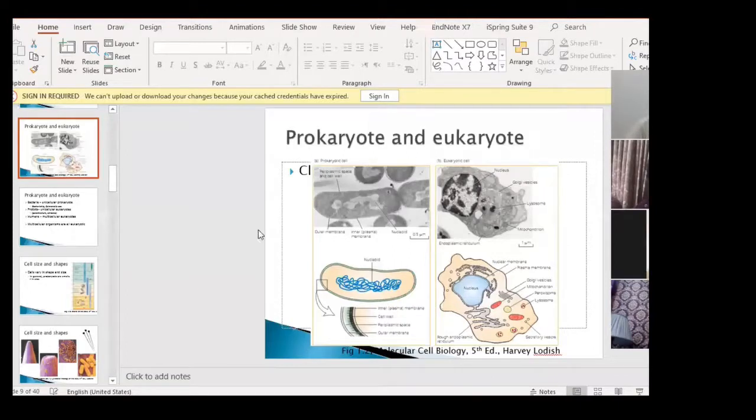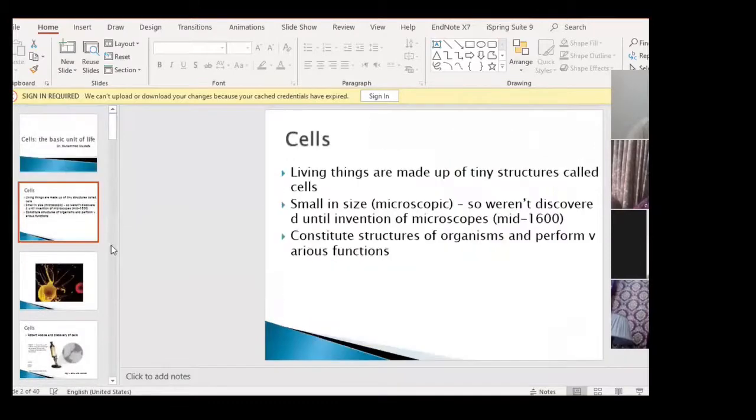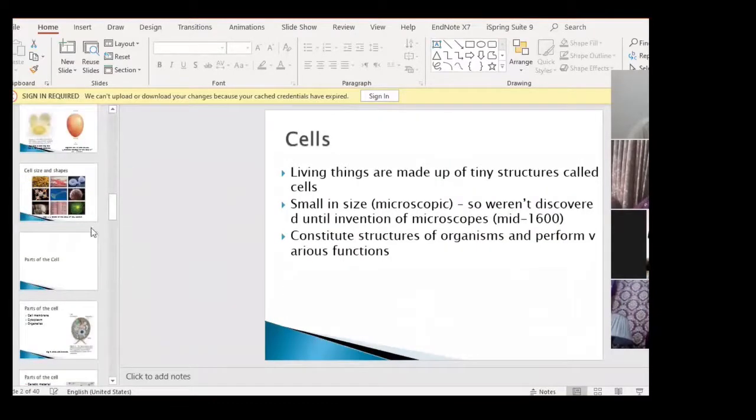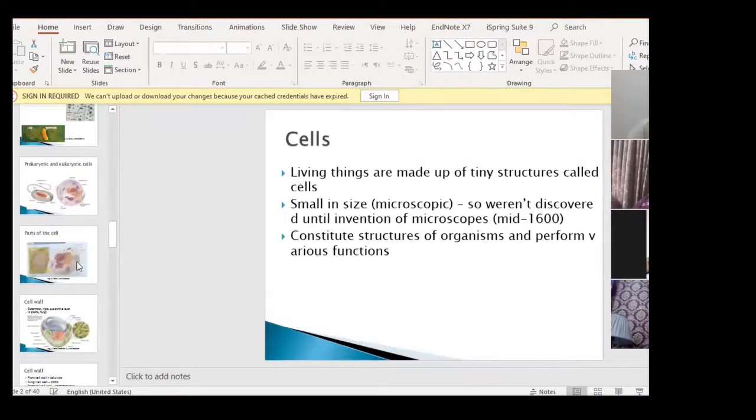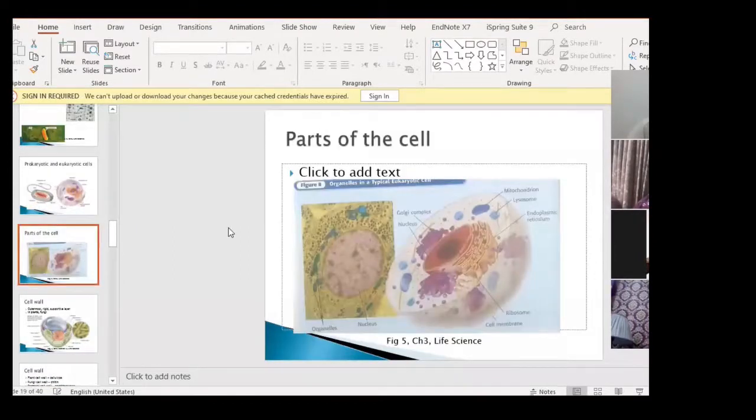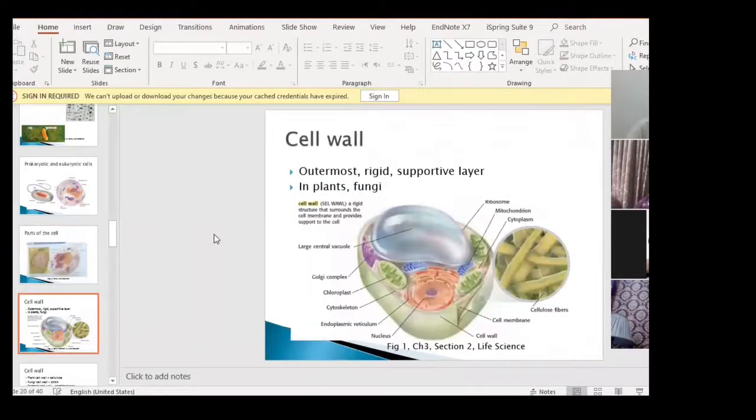Okay. So the question is about the purpose of the cell wall. The cell membrane is present in the outermost region of the animal cell.